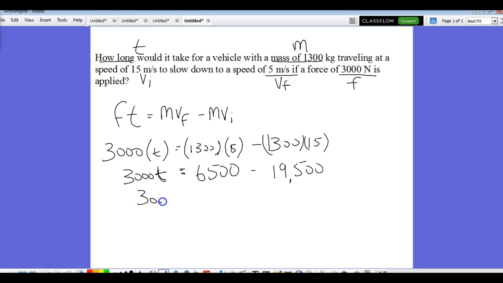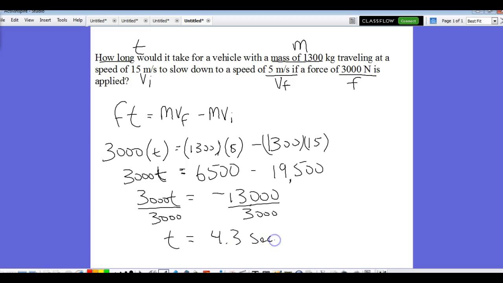So 3,000 T equals 6,500 minus 19,500. Gives us negative 13,000. And then we're going to divide by 3,000. You get T by itself. And that's going to tell us the time. This will give us T, 4.3 seconds. That's kind of how you do that.